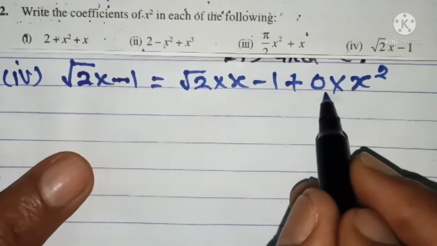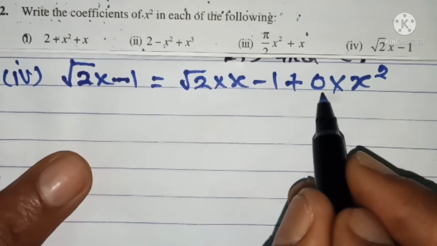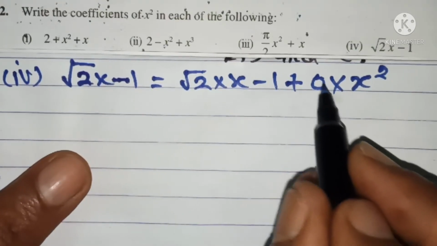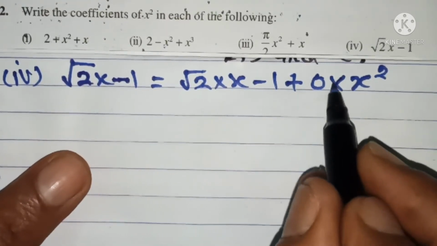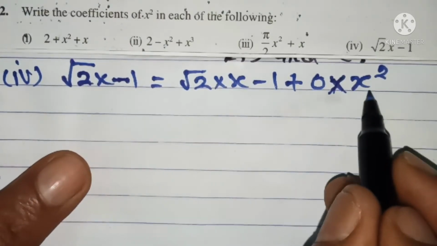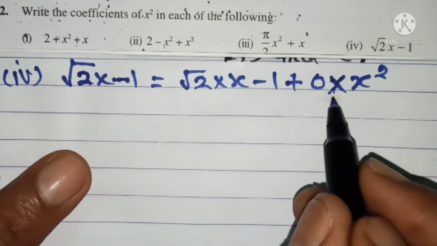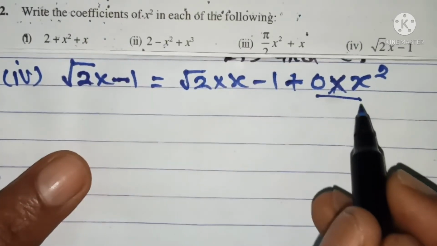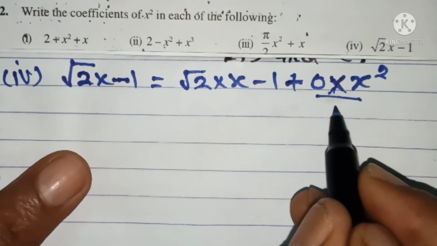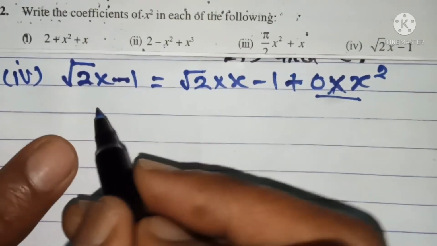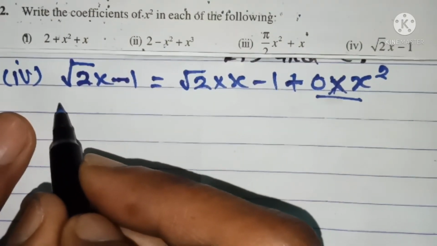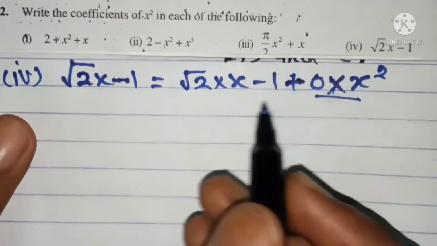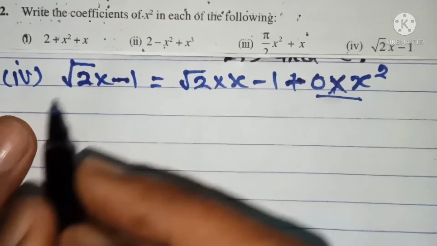And we know when we multiply any number, any term, any algebraic expression by 0, the value will be 0. And here 0 into x square will be 0. So in this expression there is no x square. We have added it as 0 into x square.